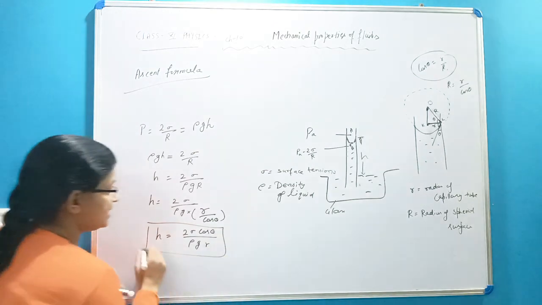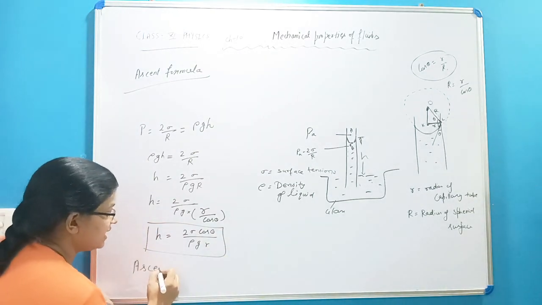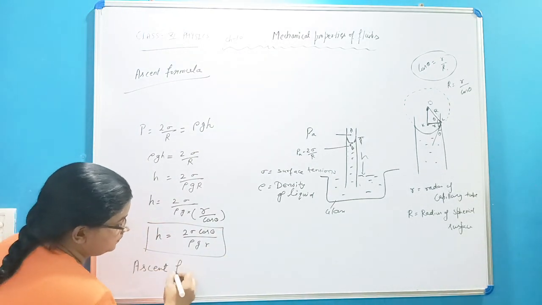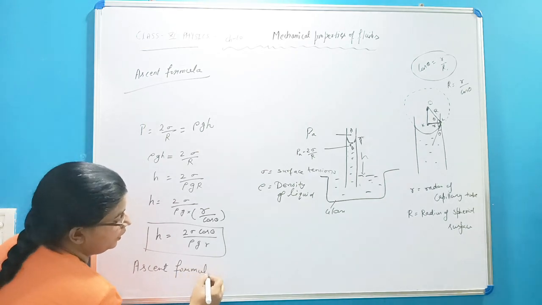This is the ascent formula, simply the height attained by a liquid in a capillary tube.